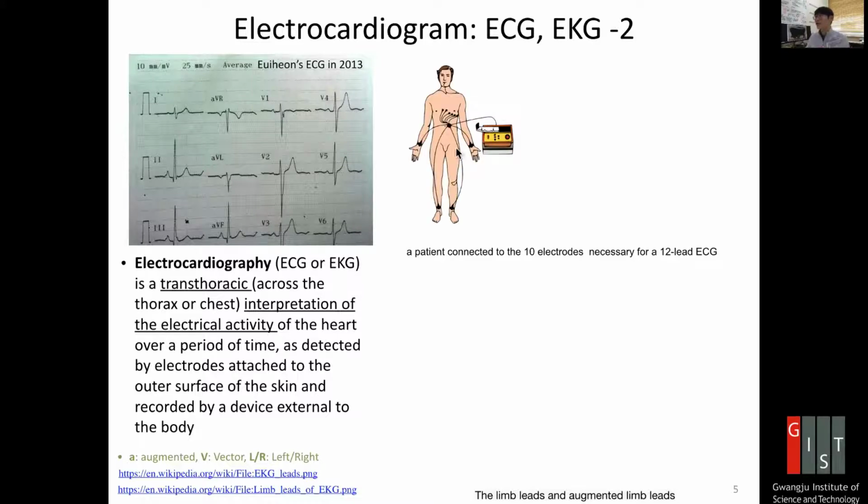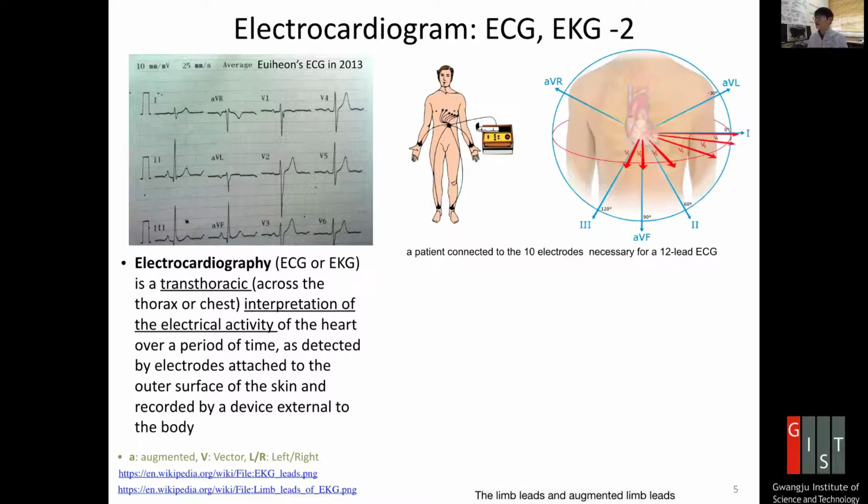When I was recording this, this is me, and you see 1, 2, 3, 4, 5, 6 leads on my chest, while I wasn't naked. Here, 2 leads on my arms and 2 leads on my feet. So this is the geometry.